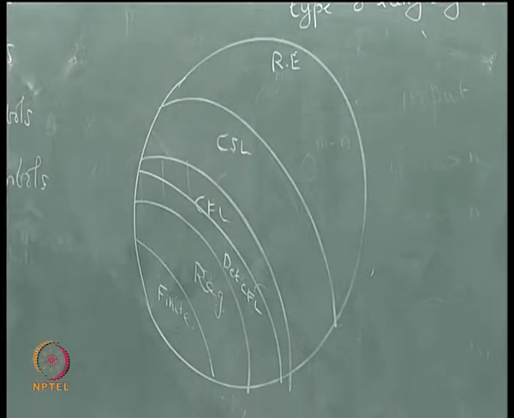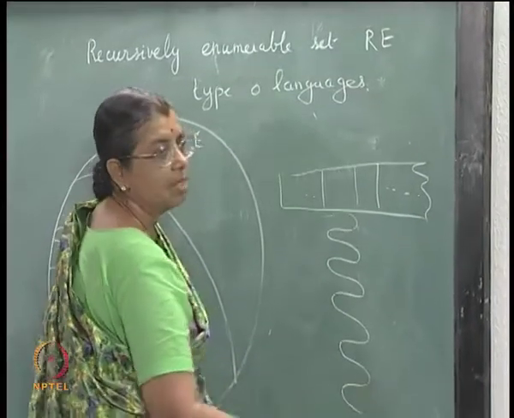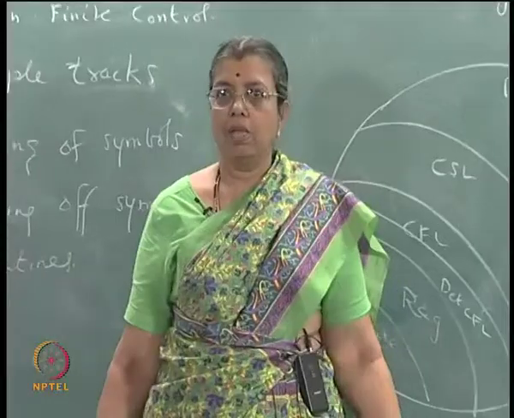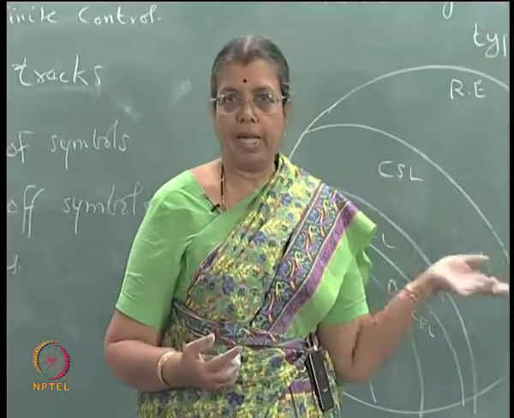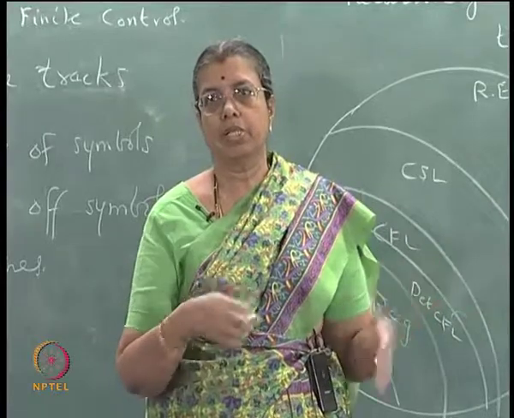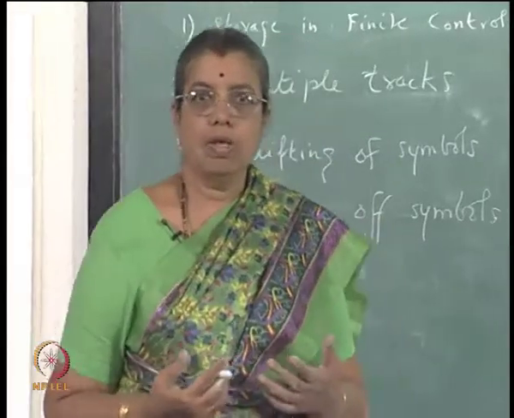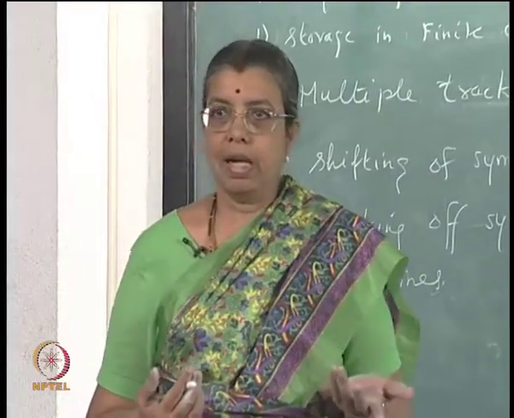For example, it does not accept an input. So, this is the input followed by blanks. After doing something, it starts doing the same thing again and again, it gets into a loop and it does not go to a final state, none of the states is final. So maybe it is writing or just reading, it may move left and right over a few symbols and do the same thing again and again. So, this string cannot be accepted by the Turing machine, but the machine does not halt.